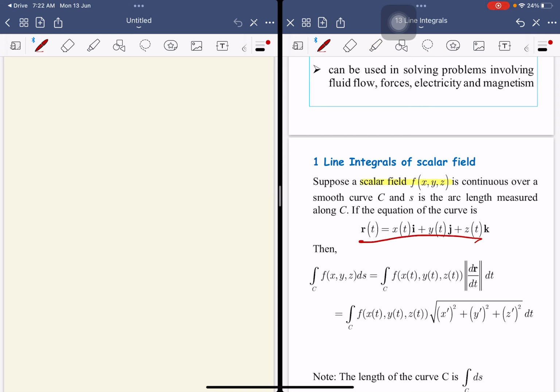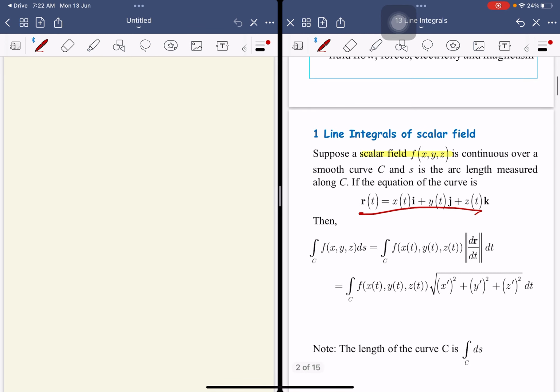Whether it is given or not, you need the equation of the curve in order to solve the line integral. If it is not given, you must figure it out. Notice that this one is in parametric equation.